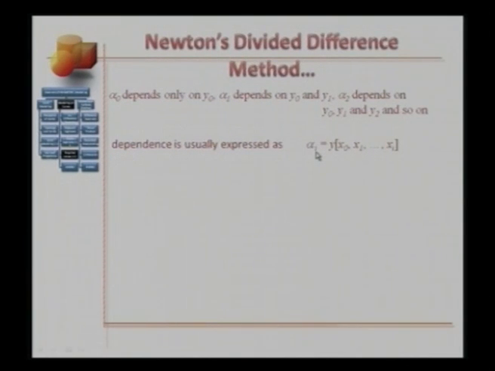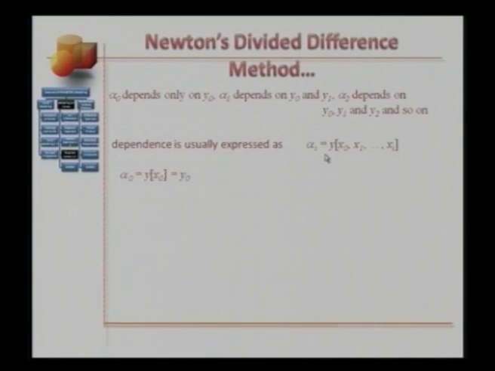For i equals 1, alpha 1 would depend on x0 and x1. For i equals 2, alpha 2 will have relation corresponding to x0, x1, and x2, and so on and so forth. We are using square parentheses to express the interrelation between the coefficients and the data points in the Newton's divided difference polynomial.